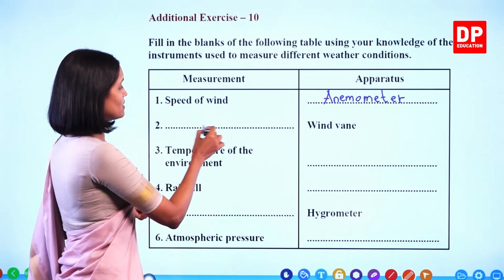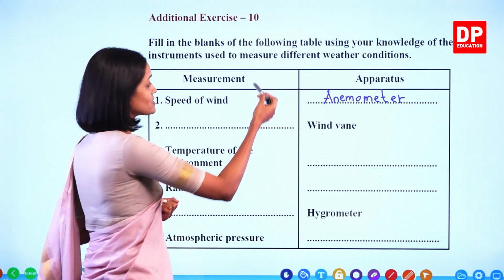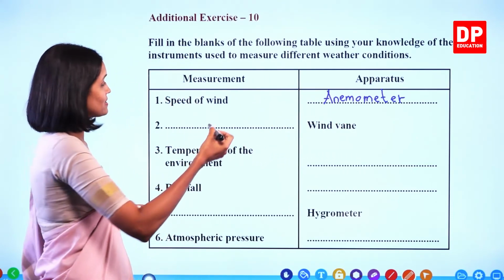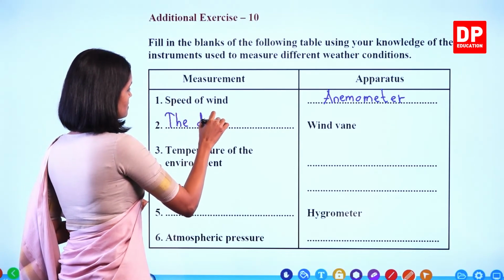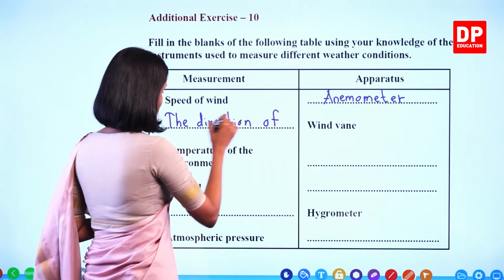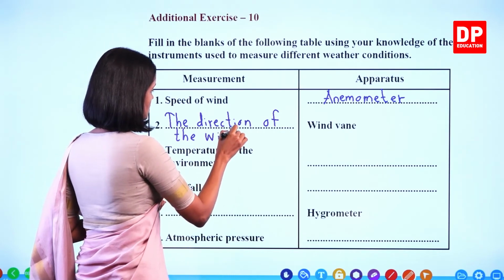Number 2, here blank, wind vane is given. Why do we use the wind vane? What is the measurement that can be taken with the wind vane? The direction of the wind. Right.